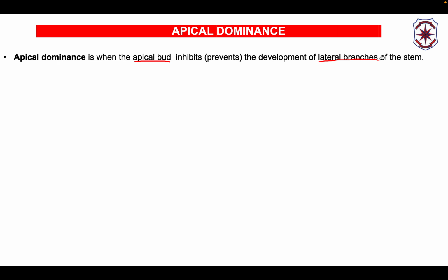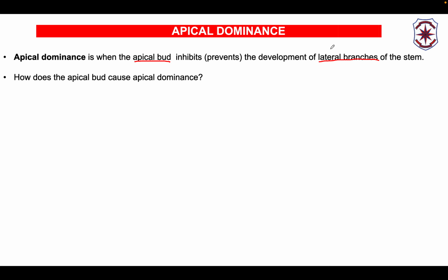So apical dominance is when the apical bud inhibits or prevents the development of lateral branches of the stem. Let's see how this is achieved. You must be able to explain, or rather describe, the definition of apical dominance.